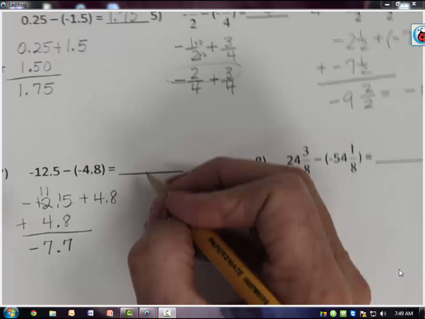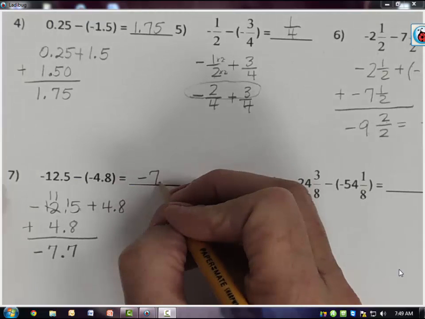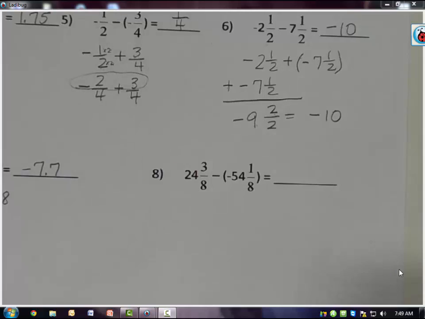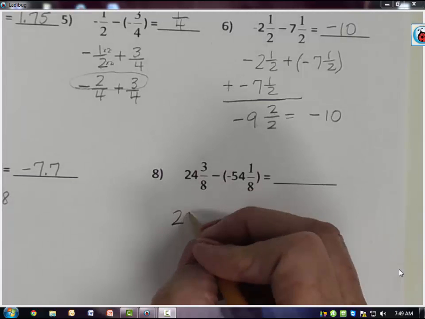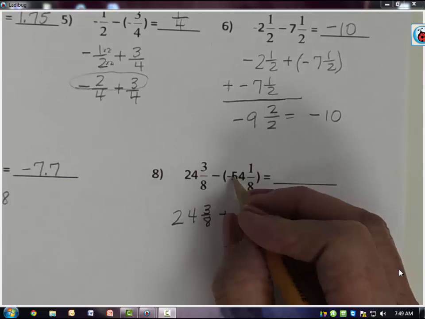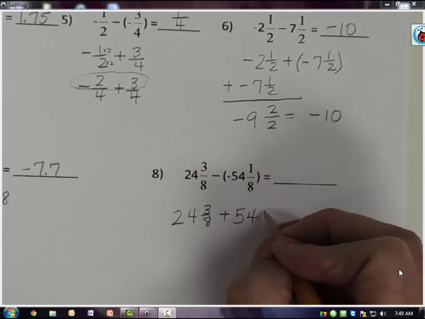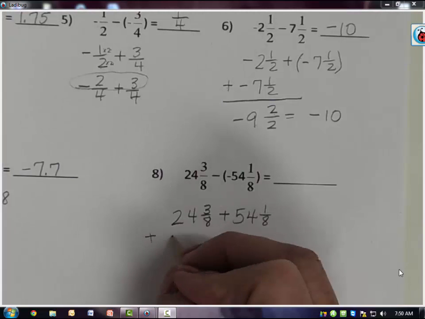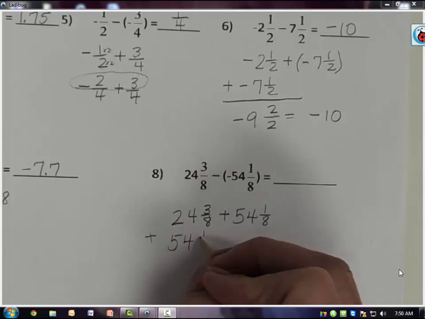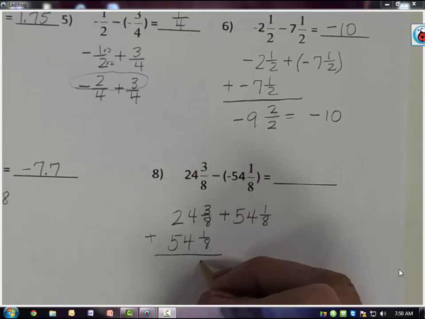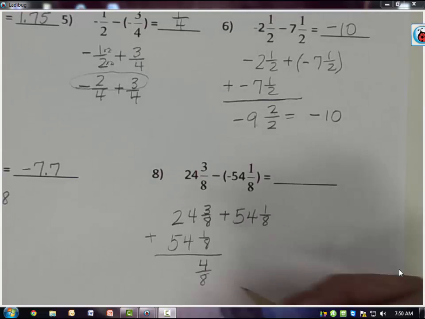Last but not least, we're going to do 24 and 3/8 plus, and with that changes to a positive, 54 1/8. Write it down vertically. It's easier to do vertically, especially when you don't have a common denominator. So 3/8 plus 1/8 is 4/8. 4 plus 4 is 8. 2 plus 5 is 7.